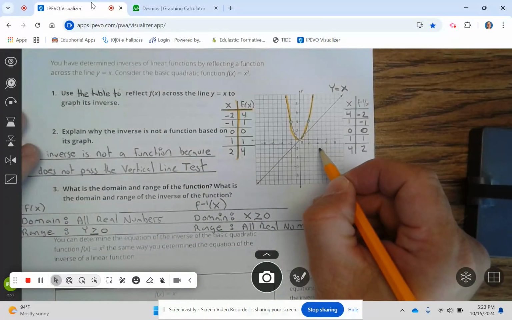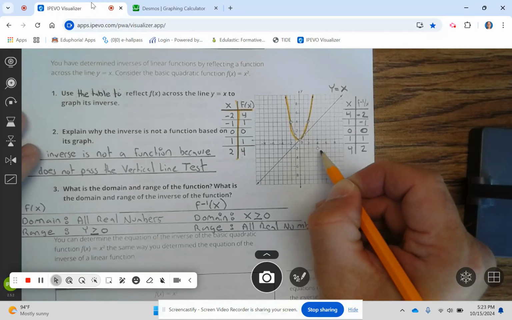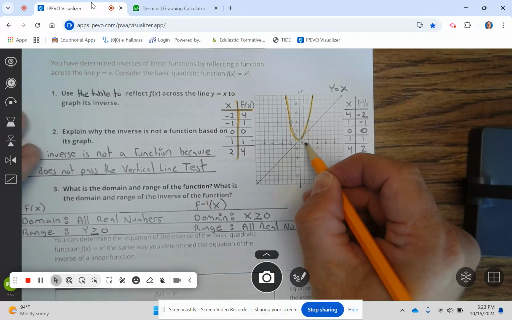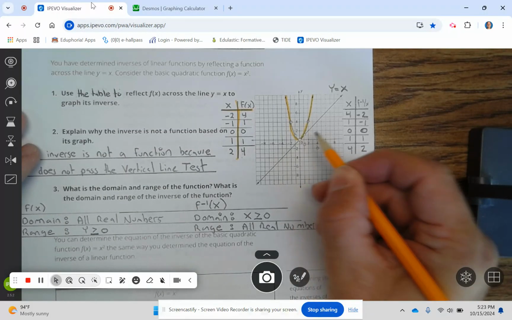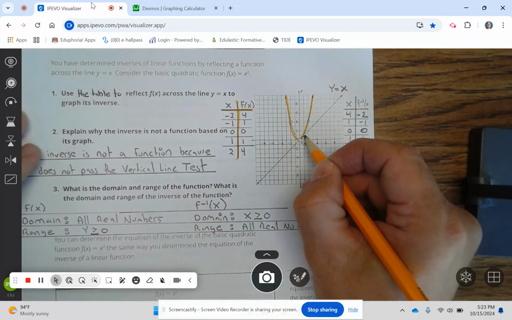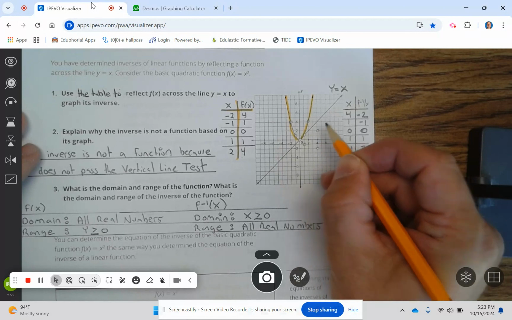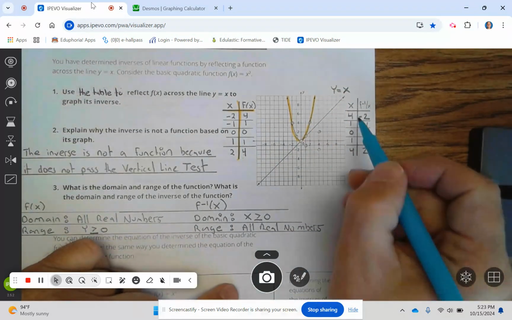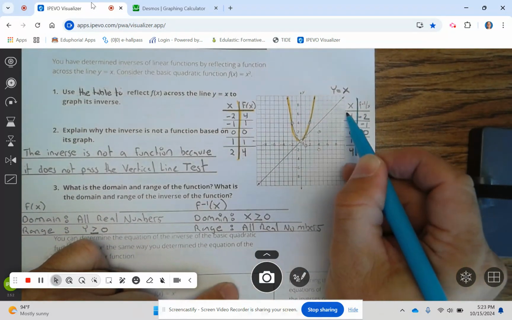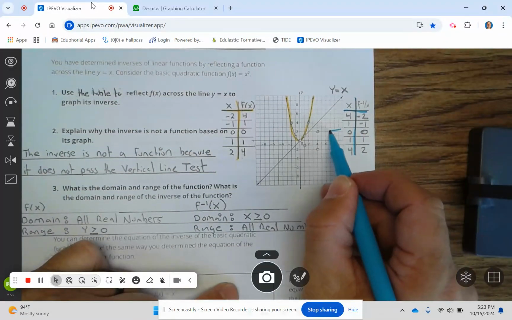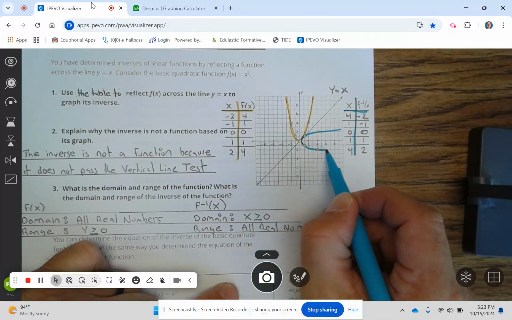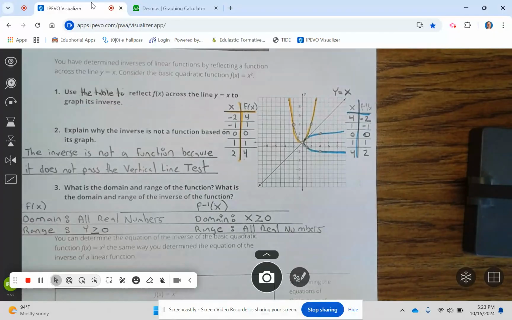So (4, -2), (1, -1), (0, 0), (1, 1), and (4, 2). Okay.